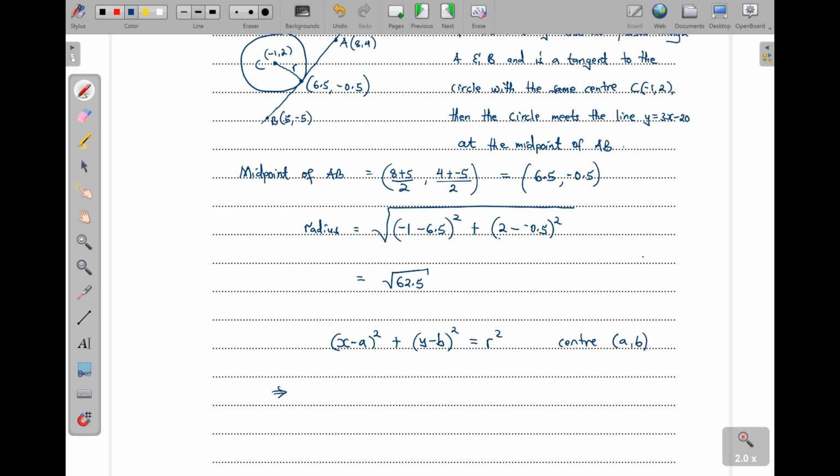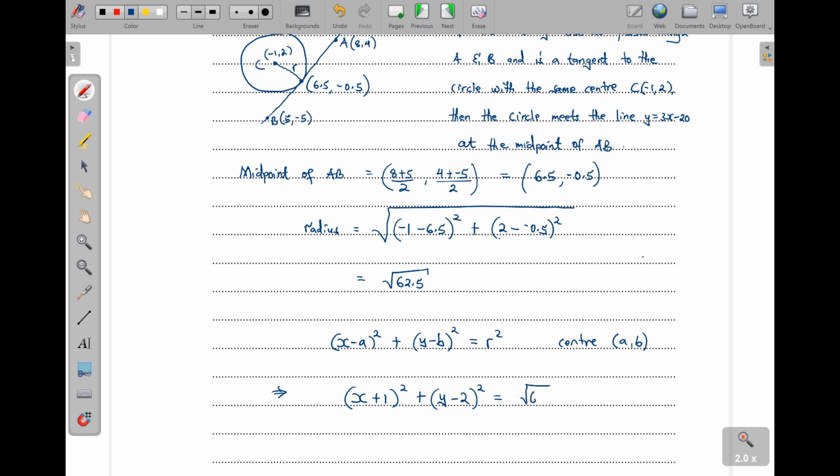This simply implies we shall have x minus, the center, remember, is this one here, so minus negative 1. So I will just put plus 1, then squared, then plus y minus 2 squared, which is equal to r squared.